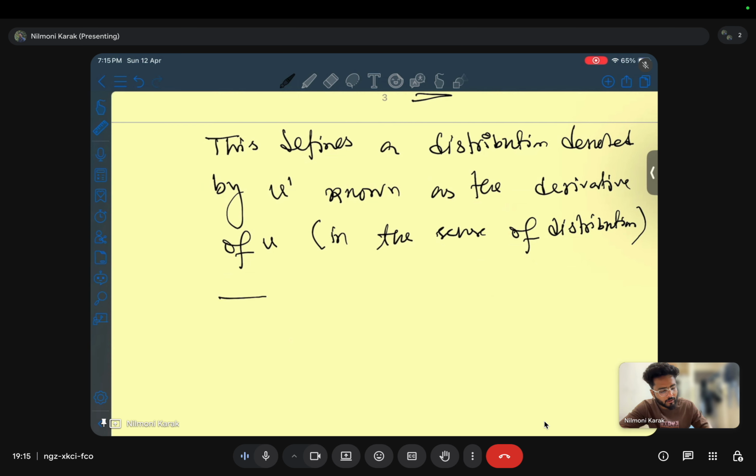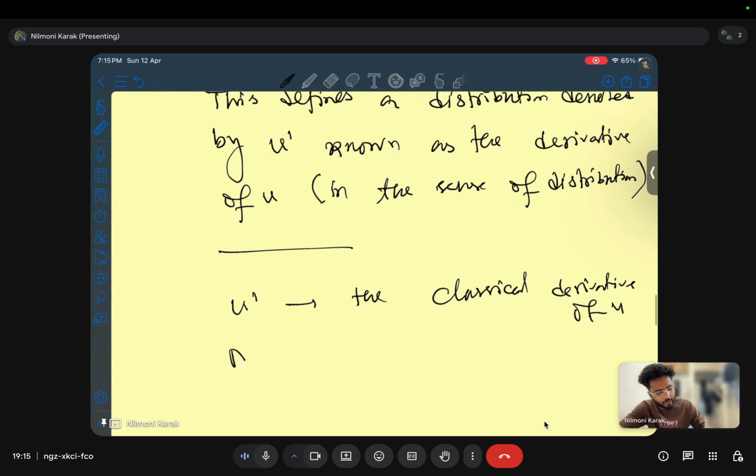So one thing we should clarify: u dash is the classical derivative of u, and du is the distributional derivative.